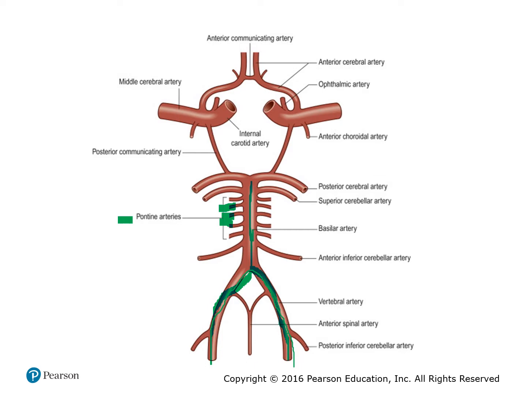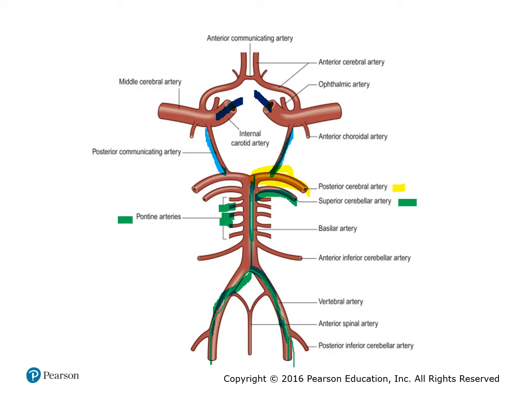And then we have superior cerebellar. Okay, so note that it's not cerebral, it's cerebellar, so it's going to the cerebellum. And then the posterior cerebral artery here, PCA. And then PCOM, posterior communicating. And then we see that internal carotid coming in, remember, that was a different source from the neck.